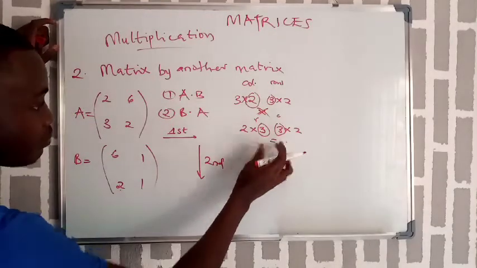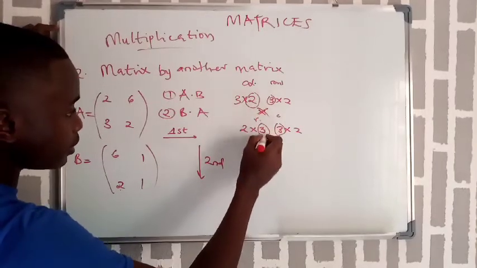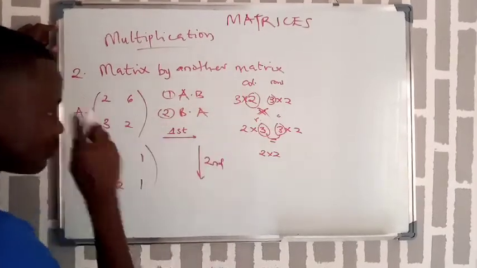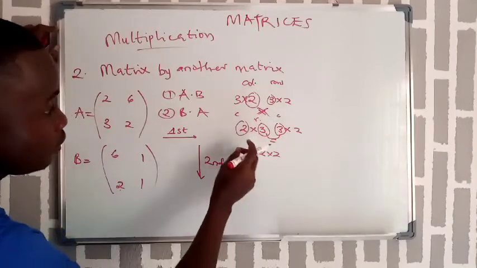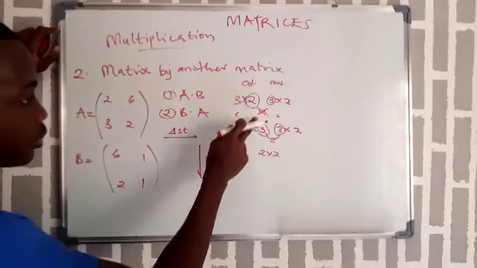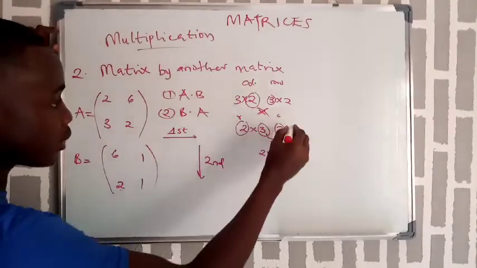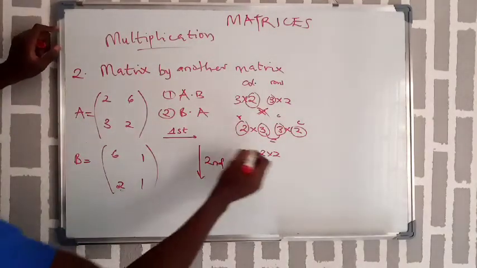So now the resulting matrix here is going to be a 2 by 2. When the rows and columns meet, the resulting matrix takes the form of the first row here and the other column here. So it becomes a 2 by 2 matrix.